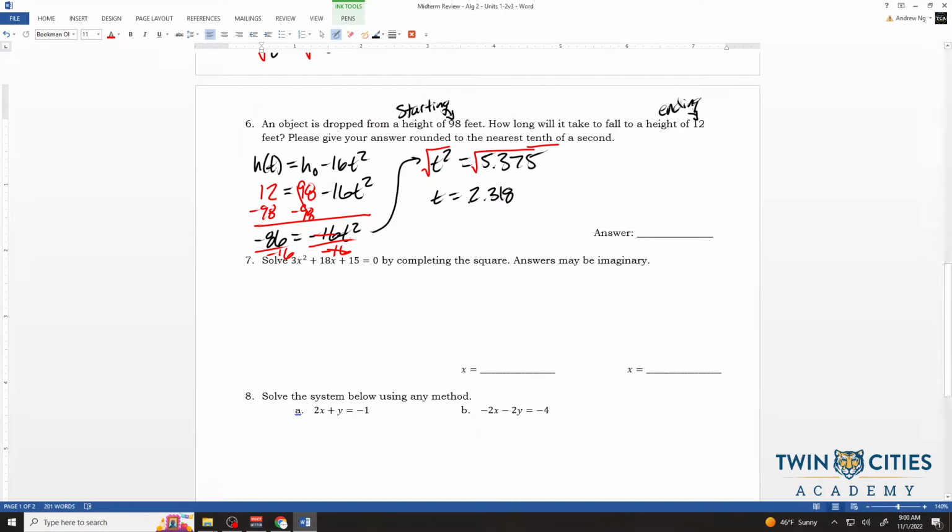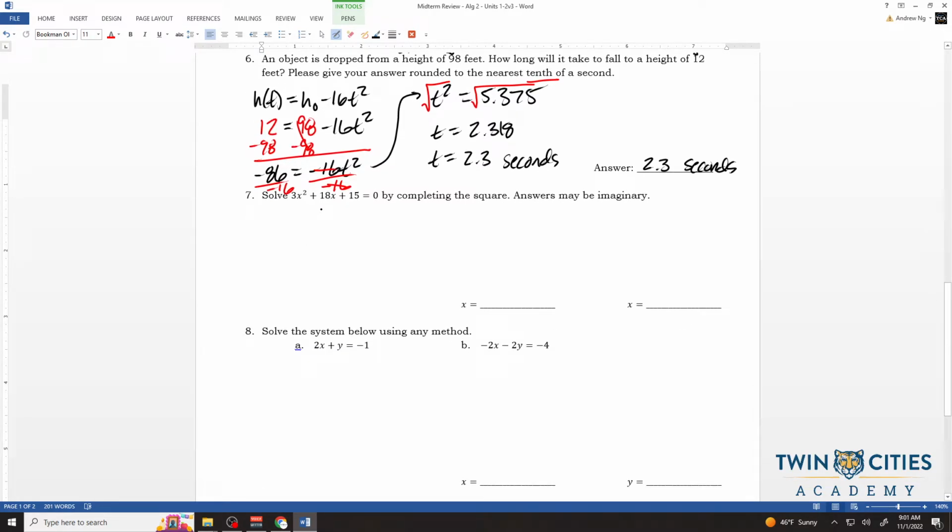So this is going to round to 2.3 because of the 1, that's going to round down. So t equals 2.3 seconds. Okay, number 7.